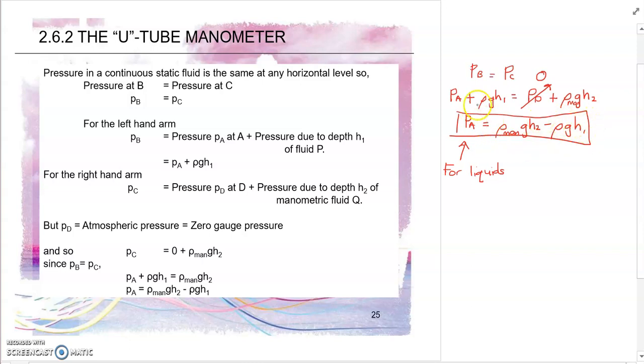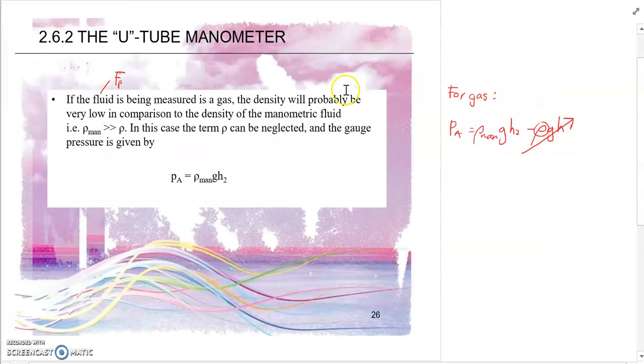This equation is applicable if you have two different types of liquid. But if you have a gas as your fluid P, the density of the gas is very low compared to the density of your manometric fluid, so the term is negligible and you can neglect the rho GH1 term.